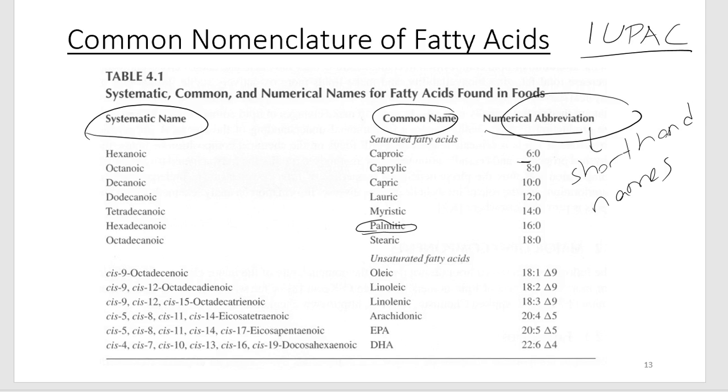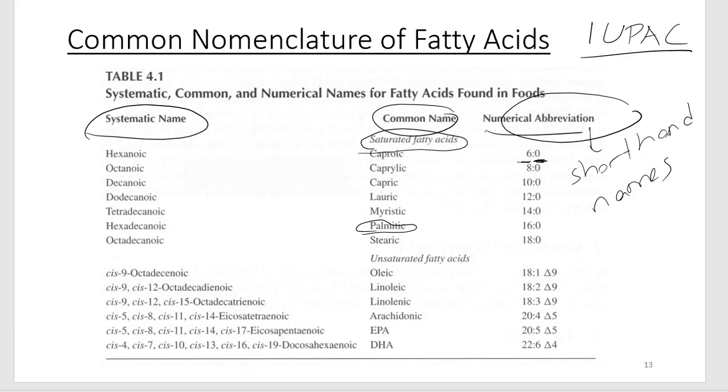And the second number shows the number of double bonds. So that's the saturated fatty acids. And you know, for saturated fatty acids, the second number will always be 0, because there are no double bonds in saturated fatty acids.